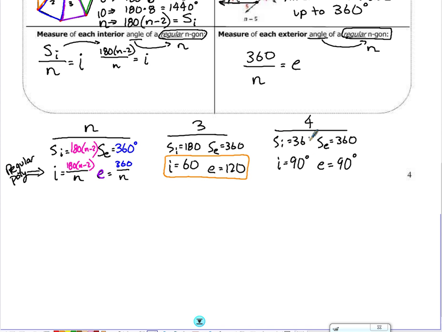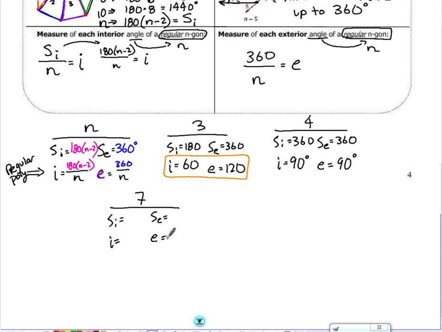So this chart helps you lay out the details and the information. If you like the chart method, definitely try these next 2 example problems where you have to find some given information. Let's say we have a 7-sided figure. See if you can find SI, I, SE, and E. Also, let's challenge you here.